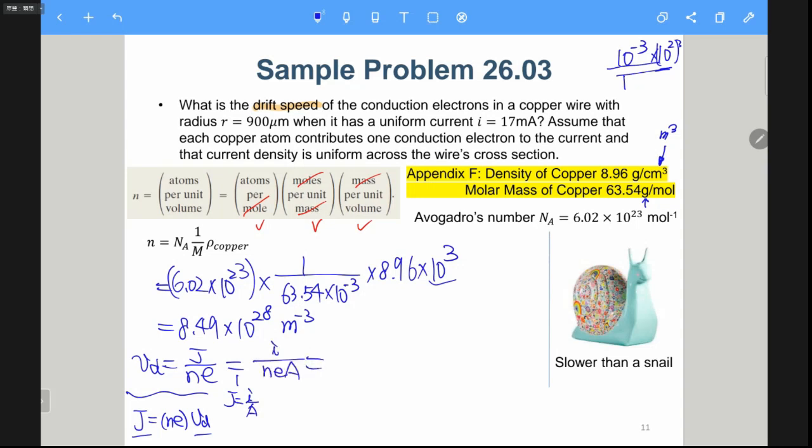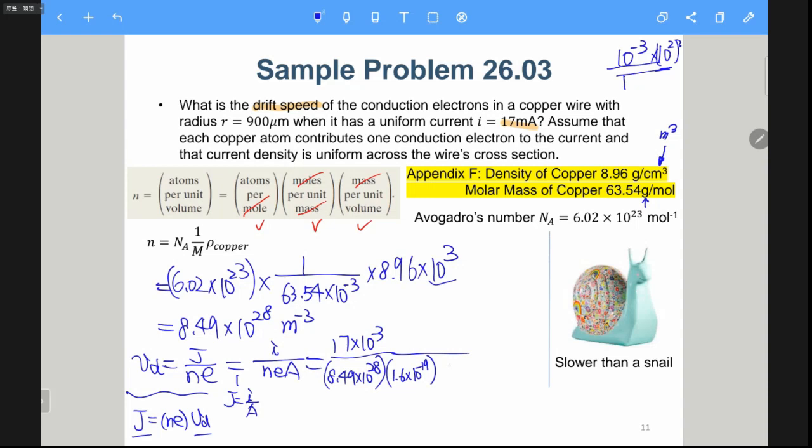So I is 17 milli, 10 to the minus third power. And then n is what we have calculated, 8.49 times 10 to the 28th power. And then e is the elementary charge, 1.6 times 10 to the minus 19.